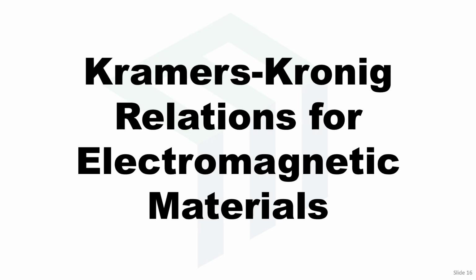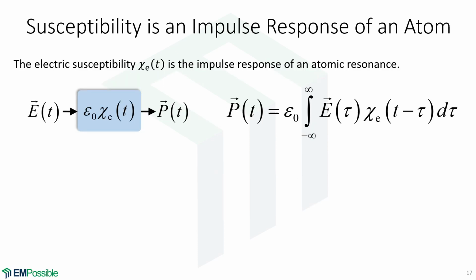Let's apply what we've learned about the Kramers-Kronig relations to electromagnetic systems. So maybe here's sort of the big aha. It turns out the electric susceptibility really is the impulse response of an atom. Therefore, it's a real physical thing. It must be causal. And we also know that it's purely real.